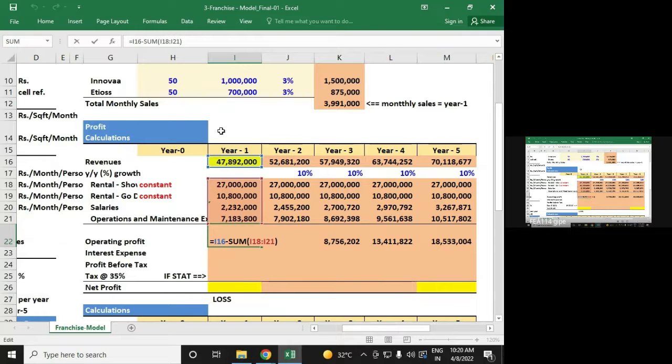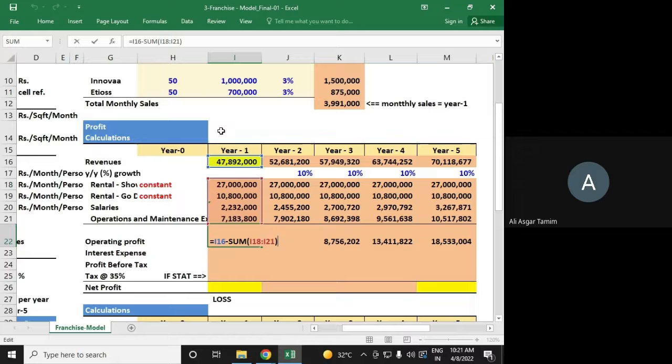Okay, everyone, see if that number is matching. Okay, should we proceed? Operating profit, is it matching for everybody, students online?